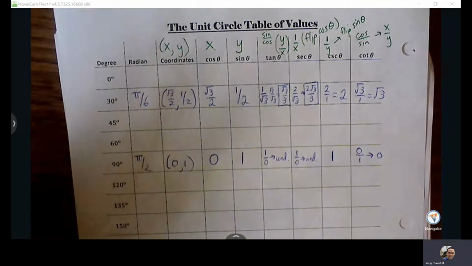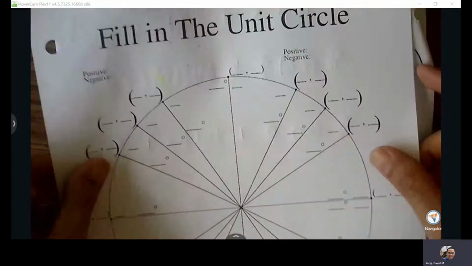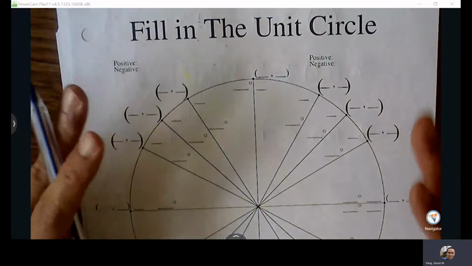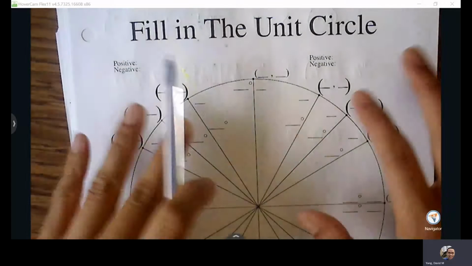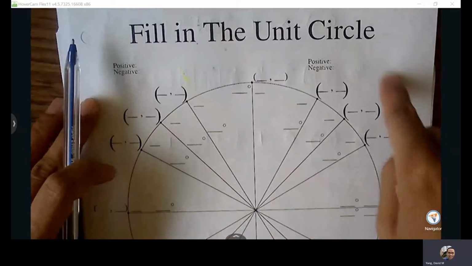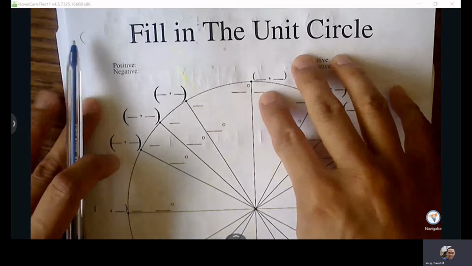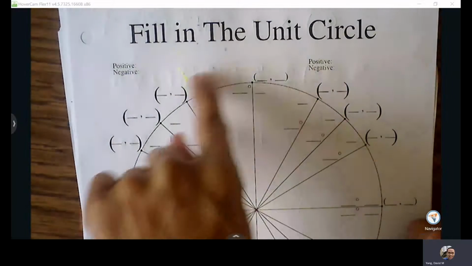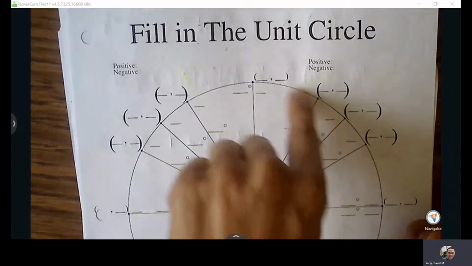Okay, so my assignment for you guys today is I want us to practice filling in the unit circle. Ideally, try it from scratch, just so that you can understand where you are with understanding. But the idea is if you can fill out your first quadrant, then everything else you're just either adding the same degrees over and over again to get to the next one, or you're adding the same fractions over and over again.